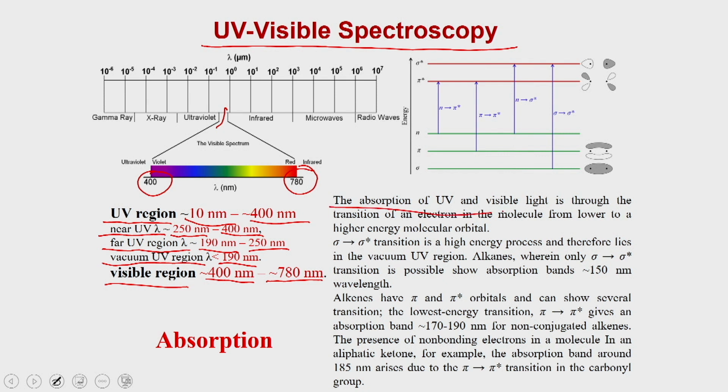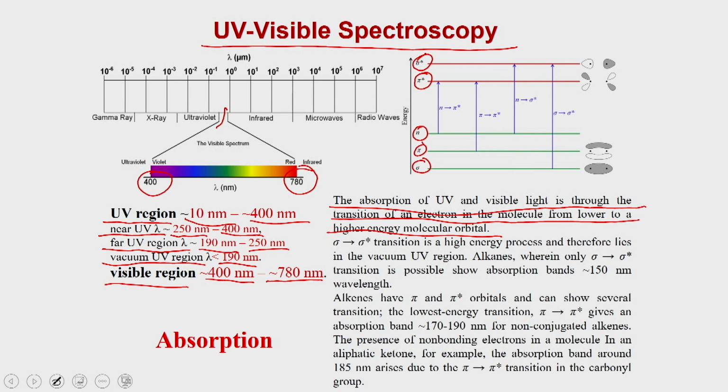The absorption of UV and visible light is through a transition of an electron in the molecule from a lower to a higher energy orbital. You can imagine that you have sigma, pi, pi star and sigma star, and these are the different energy states from which the electron can go to higher transitions.